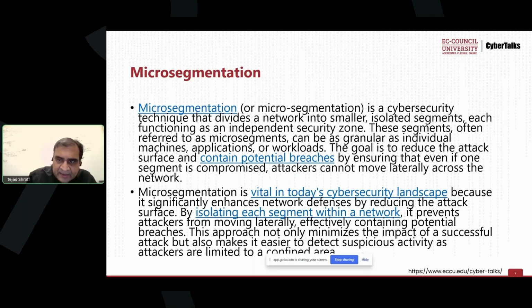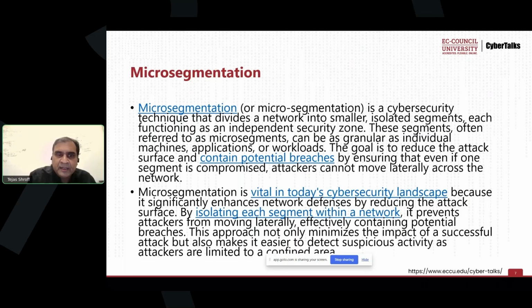So by isolating each segment, you're preventing attackers from moving laterally. You cannot allow them to move freely across the network. So you're basically containing potential breach from acquiring significance, right? If somebody is going to go bigger and acquire significance, by isolating that particular machine as a part of microsegmentation.